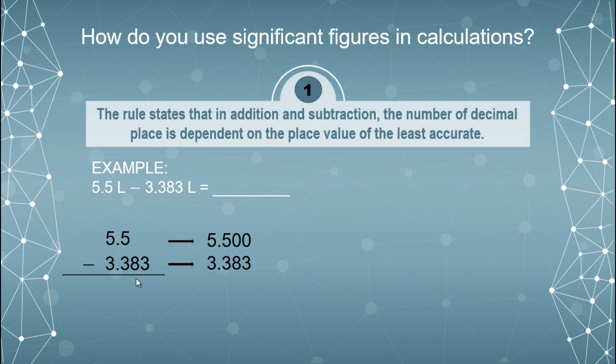That way there is a digit to be subtracted by our 3. And when we say 0 minus 3, 0 cannot be subtracted by 3. So what we're going to do is regroup, or in other words, borrow from the preceding digit.